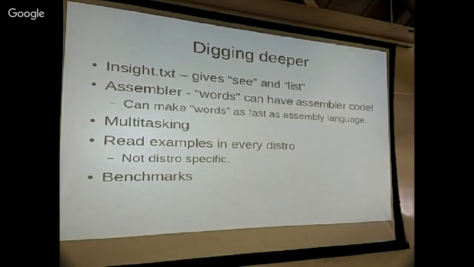You can probably find it on the web too. Anyway, it definitely has separate stacks for each task. And I already mentioned that you really should look at the examples in all the different distributions, because this multitasking, for instance, is not really in all the examples, but it would run on most of them.